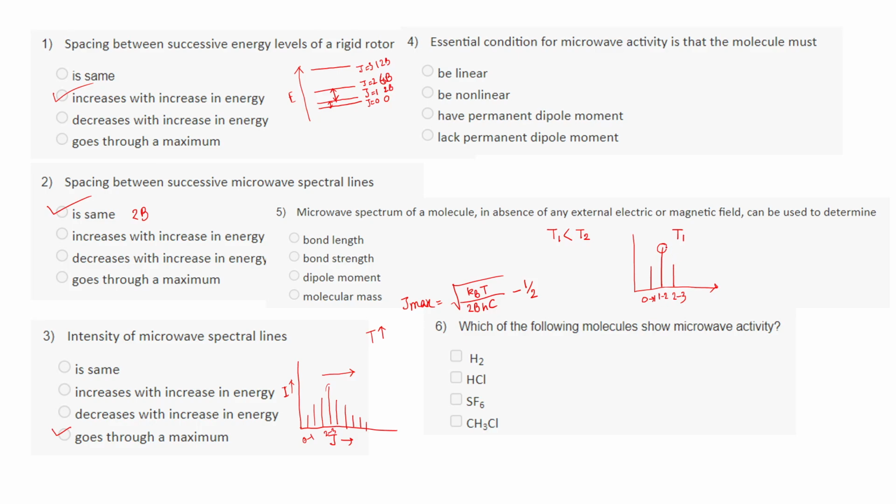Why so? Because your maximum population at T1, your J max was 1. That's why you are getting a maximum intensity from 1 to 2. Your intensity depends on the population. Now suppose for T2, this is J and these are intensity.